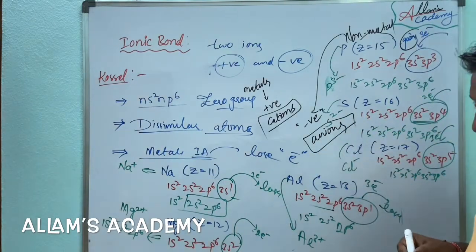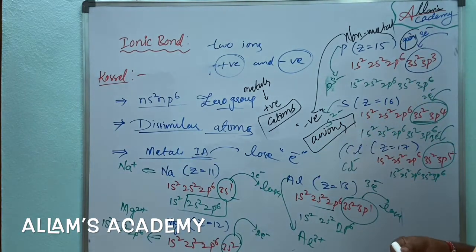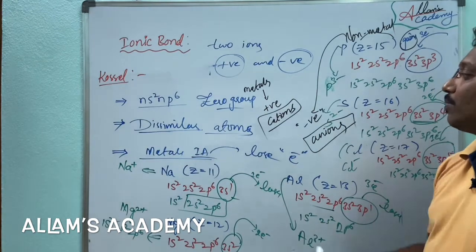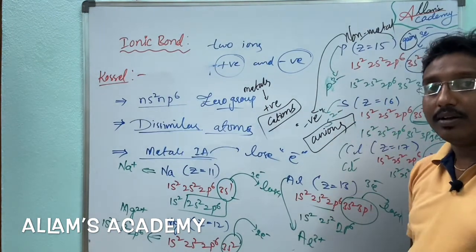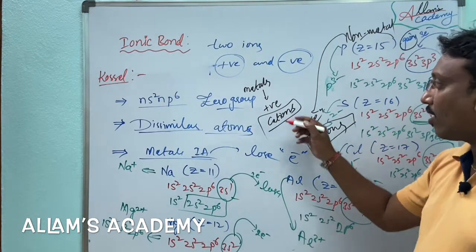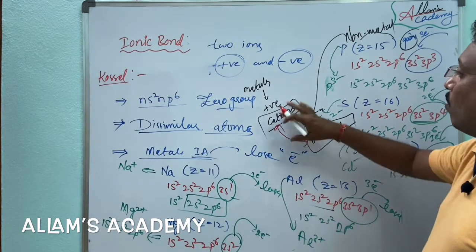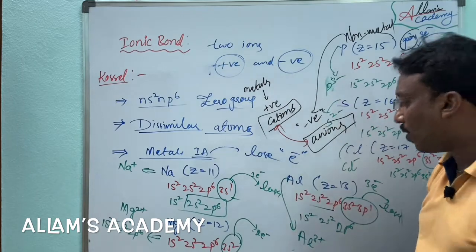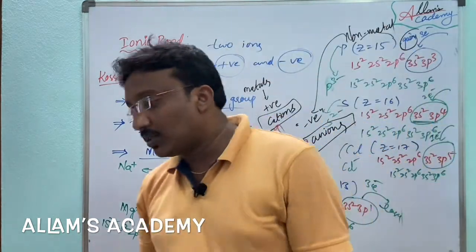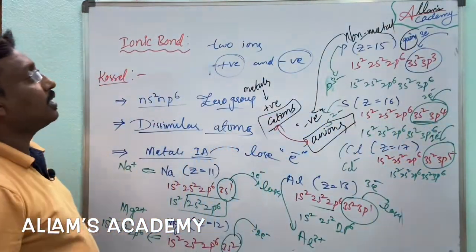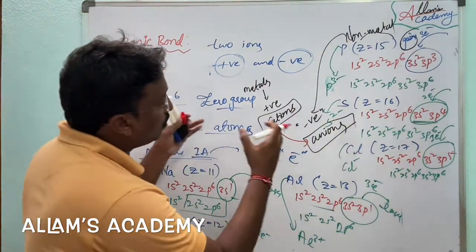That means chemical bonding in the case of an ionic bond can take place between charged particles like cations and anions. This bonding is known as ionic bond. Ionic bond means the force of attraction or bond formation between two charged ions.